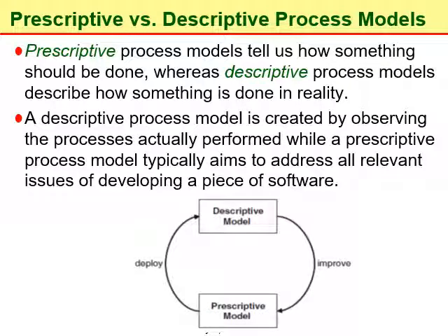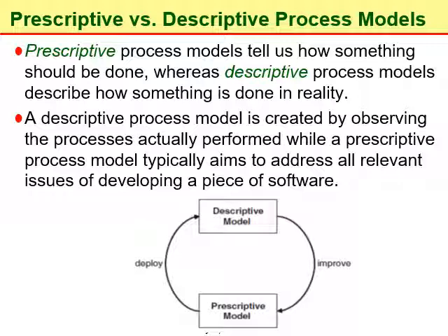A descriptive process model is created by observing the process that is actually being performed in the organization, while a prescriptive process model typically aims at addressing all the relevant issues of developing a piece of software.